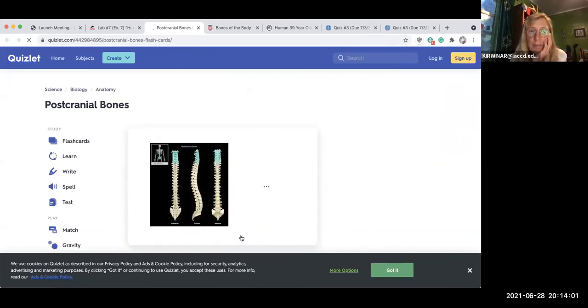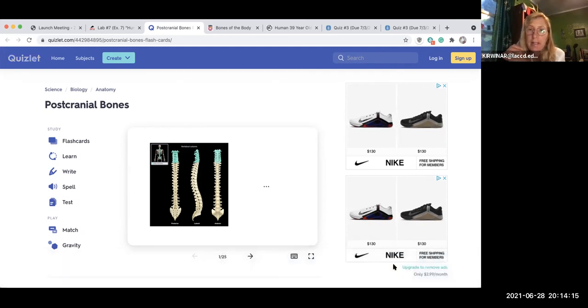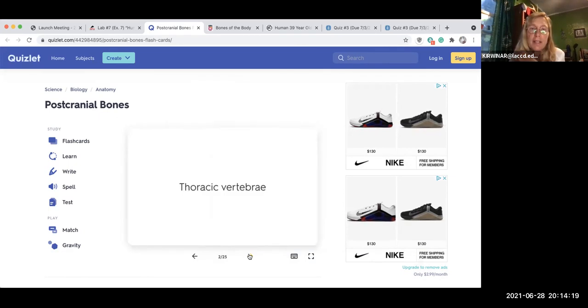So if you want to, go to the next flashcard, what are those? That's the cervical vertebrae. Yeah, so for quiz 3, you want to know the 3 different types of vertebrae. Cervical vertebrae are the vertebrae of the neck.